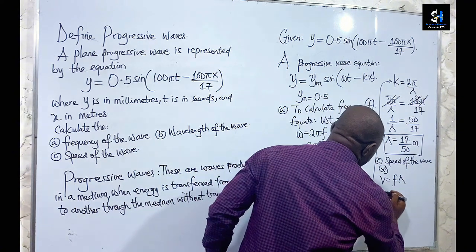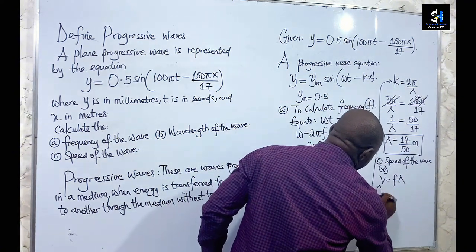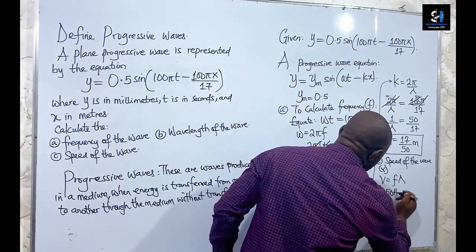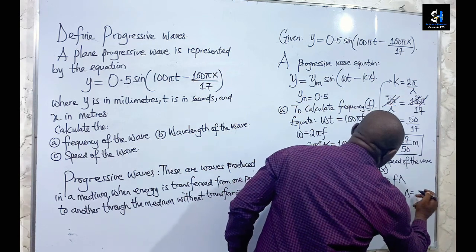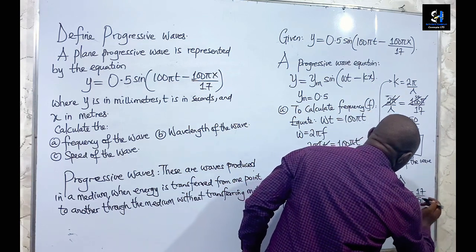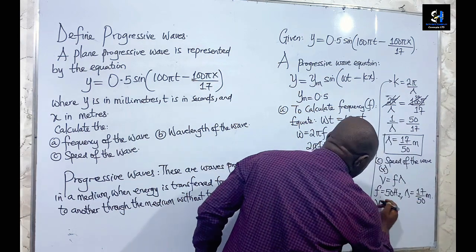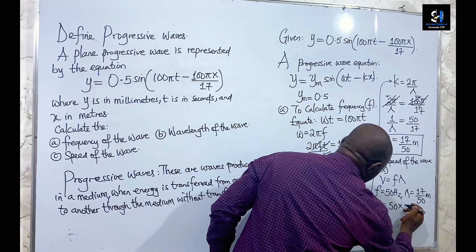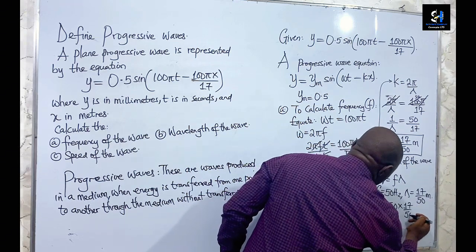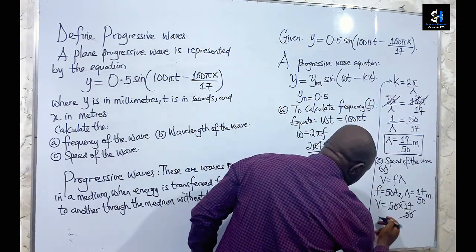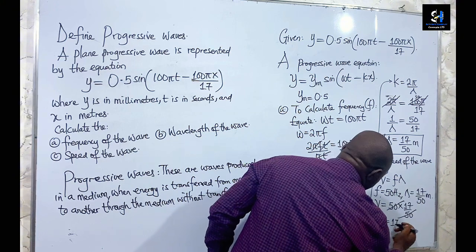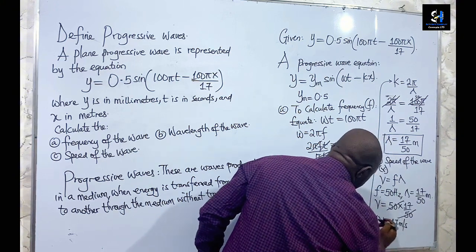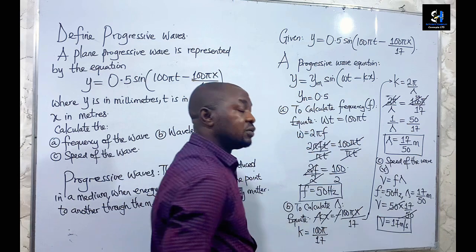So we substitute: v equals 50 multiplied by 17 over 50. When 50 cancels 50, we have the speed of the wave to be 17 meters per second.